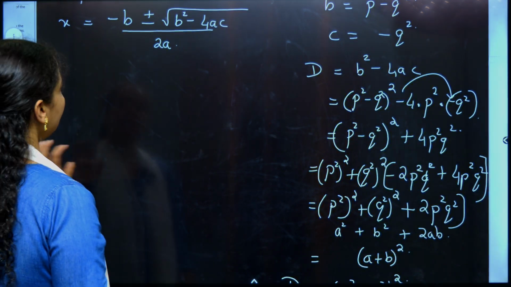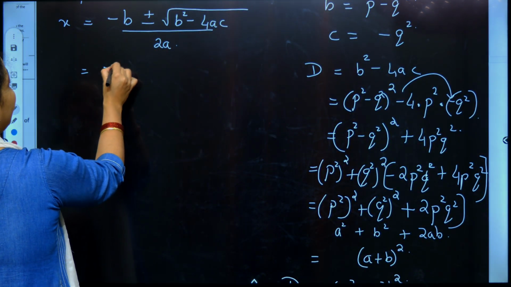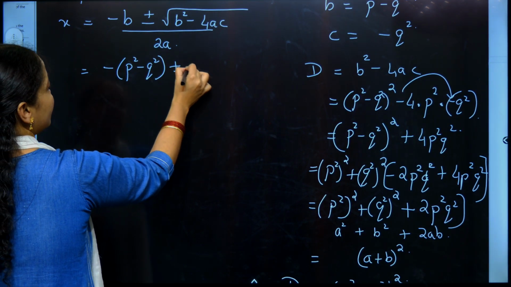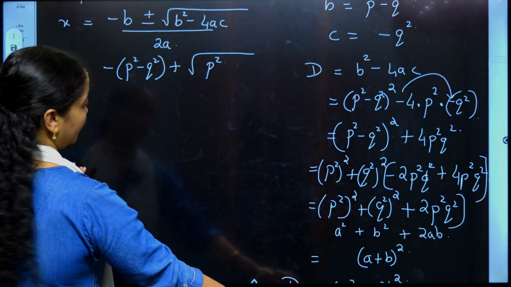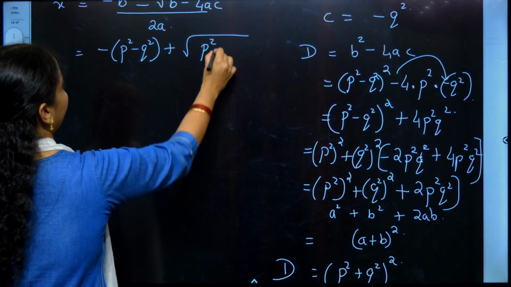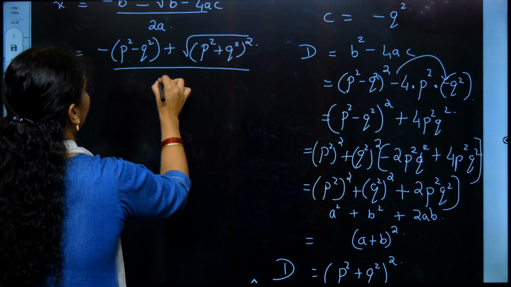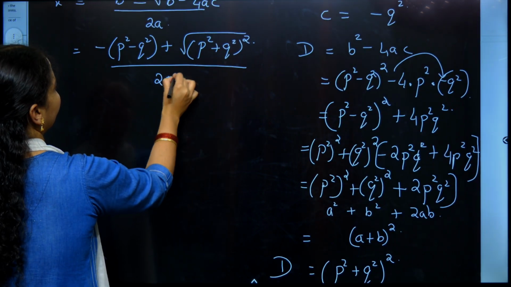My quadratic formula said minus b. What was b? b is negative of p square minus q square, plus root of p square plus q square the whole square, divided by 2 into a, which is p square again.